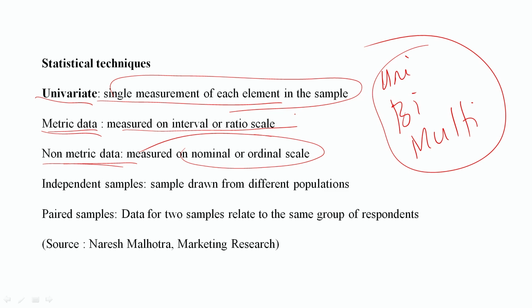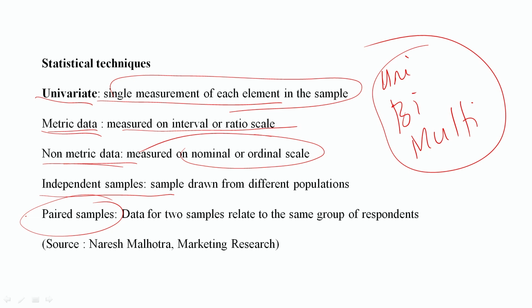Now we have independent variables and independent samples. We have dependent variables. Then we have another kind of sample called paired samples: 2 different sample sets taken from the same group of respondents, maybe before or after a certain event.